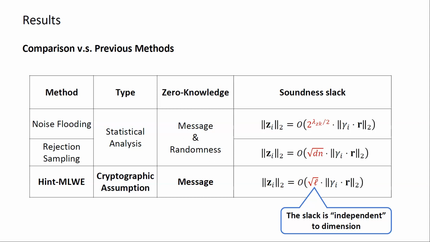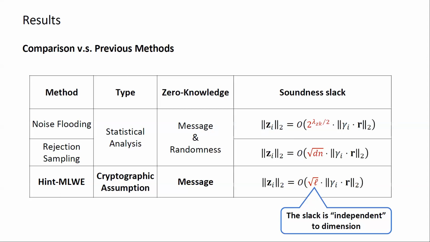So when we compare our new method to the previous method, it can be summarized in this table. For zero knowledge proofs in lattice-based proofs of knowledge, the previous work always used noise flooding or rejection sampling, which are both statistical.